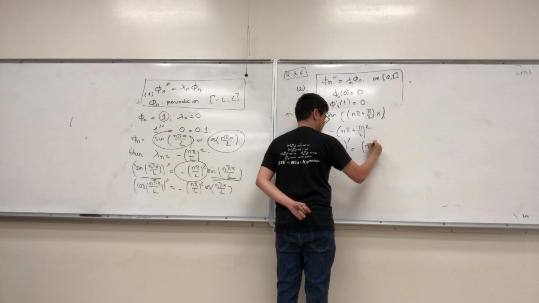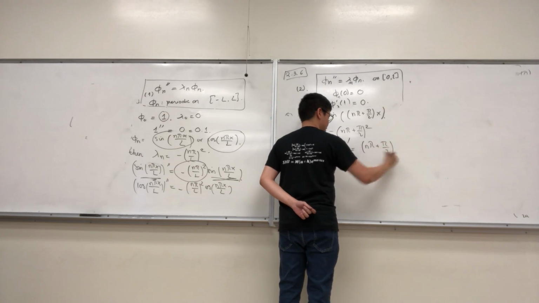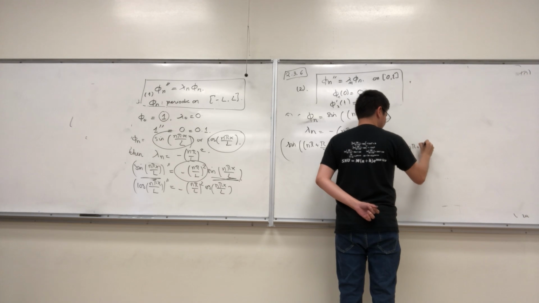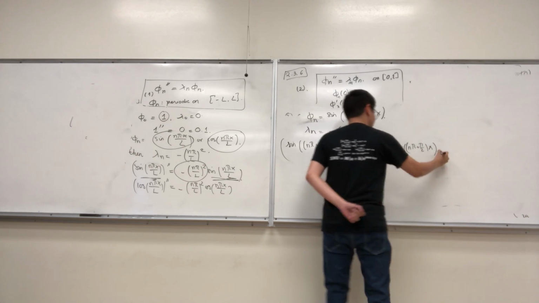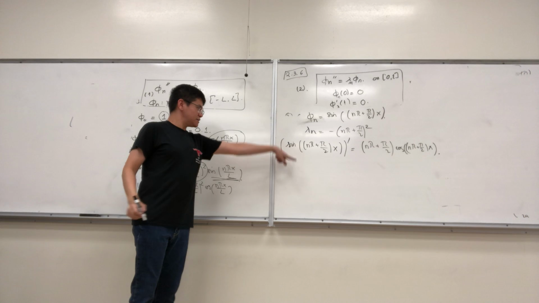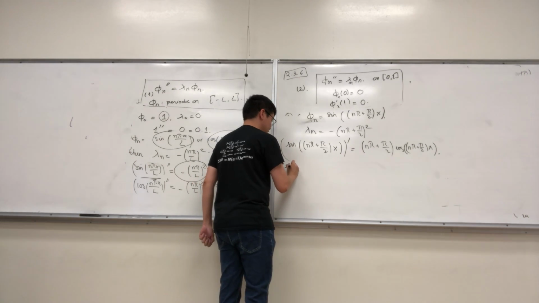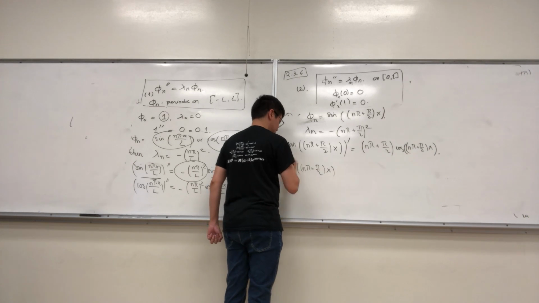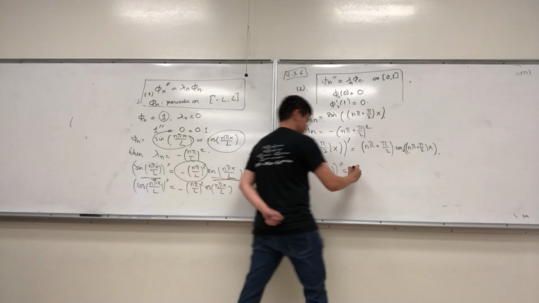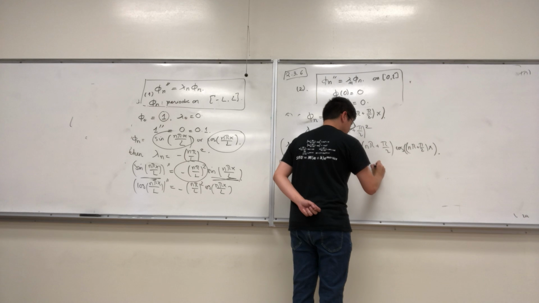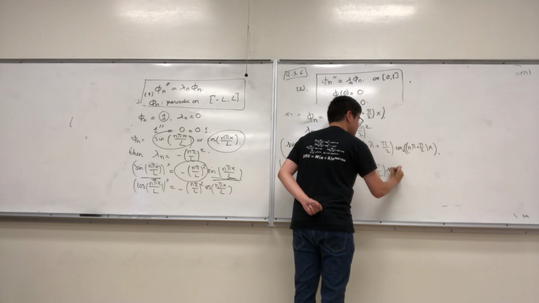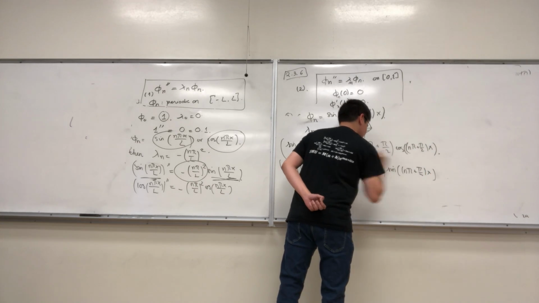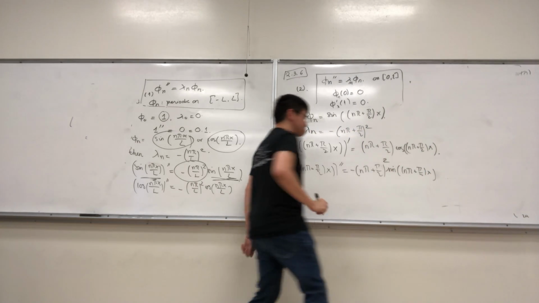You're gonna get n pi plus pi over 2 cosinus of n pi plus pi over 2 x. Now I'm gonna take the second derivative, so I have minus n pi plus pi over 2 sinus of n pi plus pi over 2 x, and then you have a square.